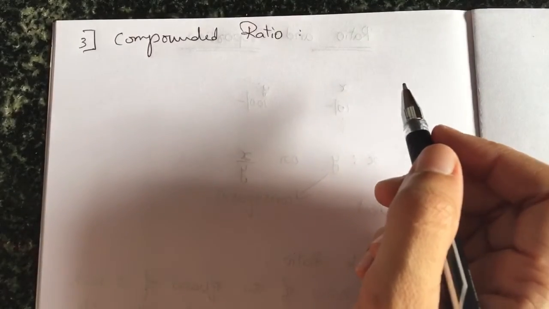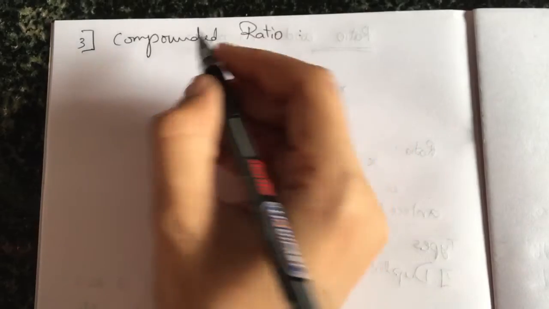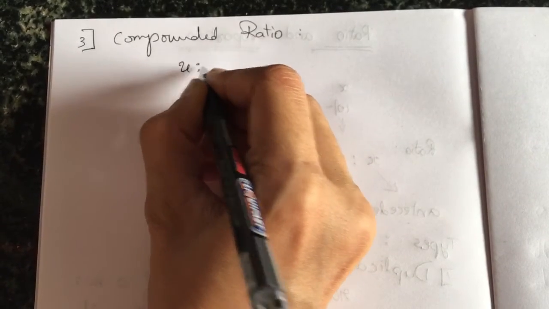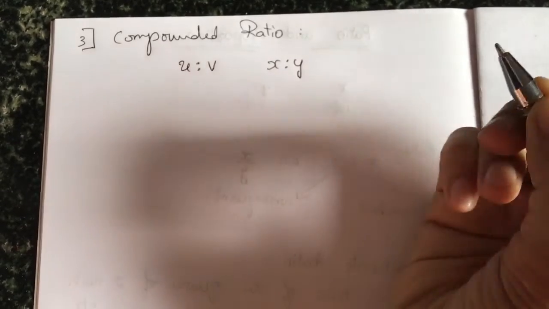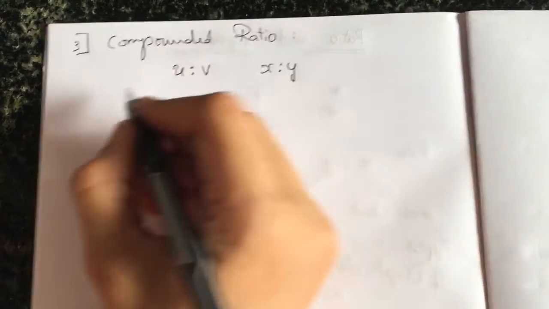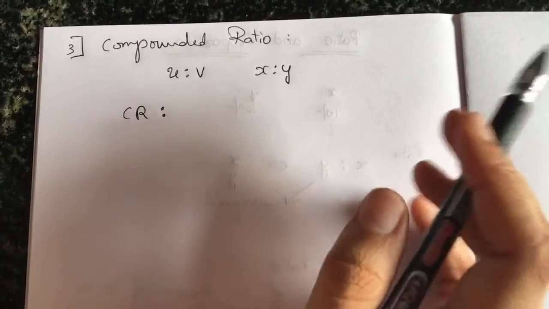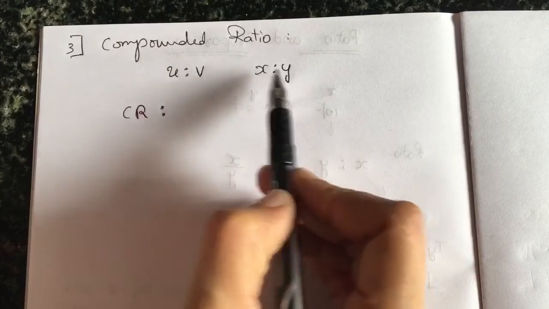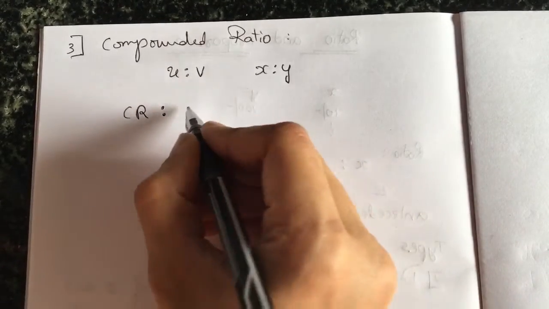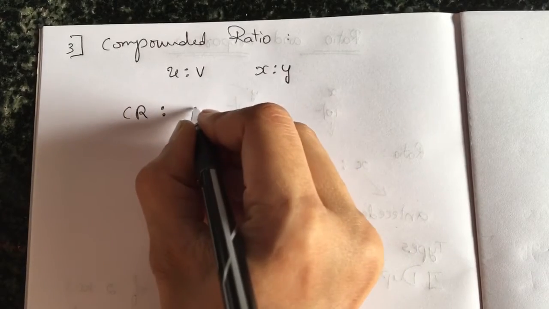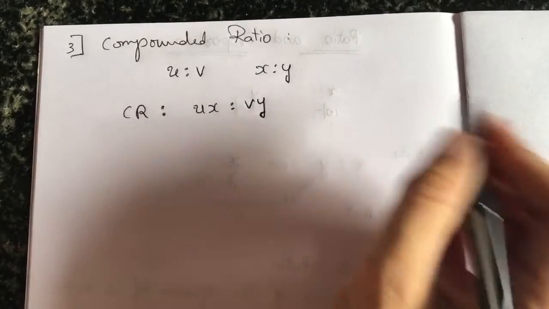Suppose u is to v is one ratio, and another ratio is x is to y. Then compounded ratio means just multiplying them: numerator with numerator and denominator with denominator. Antecedents are multiplied together. That's ux is to vy. This is the compounded ratio.